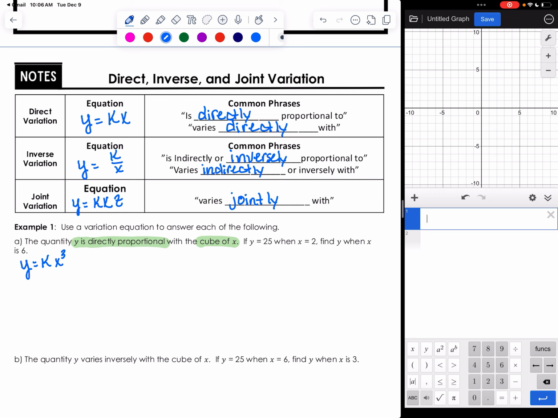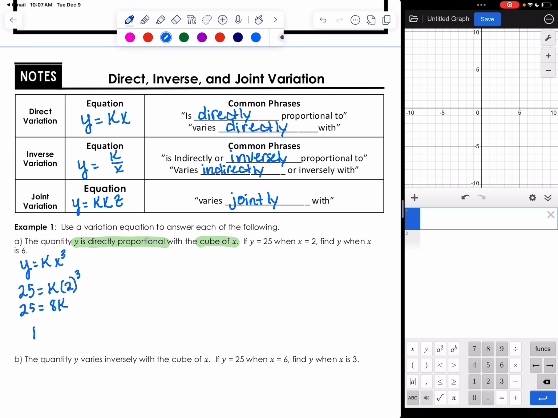Then it says if y is 25 when x is 2, find y if x equals 6. So they're telling us that the value of y is 25 and the value of x is 2. So 25 would equal 2 cubed is 8, and 8 times k is 8k.